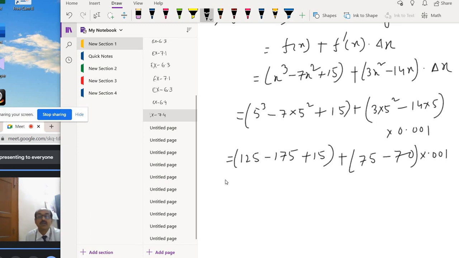Okay, now 125 plus 15 is 140, minus 175, plus 5 into 0.001. Now 140 minus 175 is minus 35, plus 0.005.